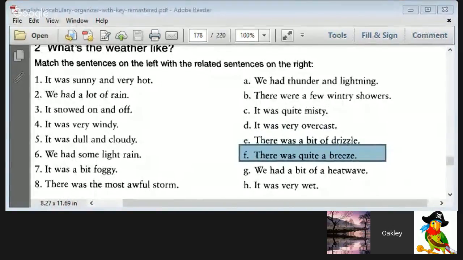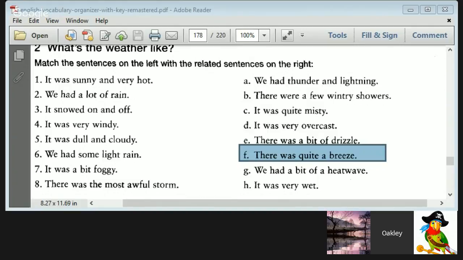You have a breeze in the morning. Yeah, there's a nice breeze in the morning. A breeze is actually usually a positive thing. It's nice. It cools things down. It's a steady wind. Quite a breeze means there's more than average, I guess.